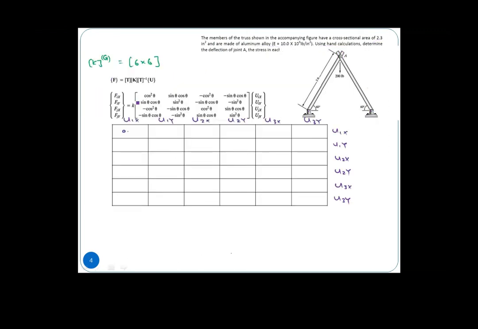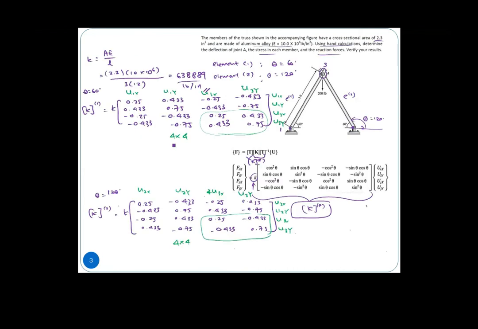I will put a K here, so our K global has K multiplied with 0.25, 0.433, 0.433, and 0.75. This is from what we have here.